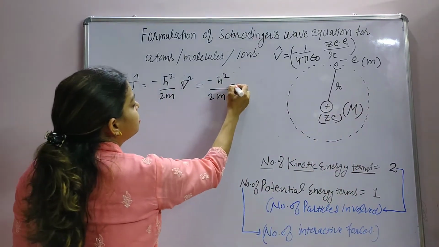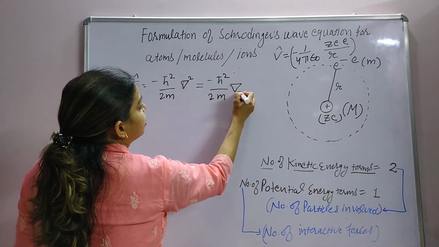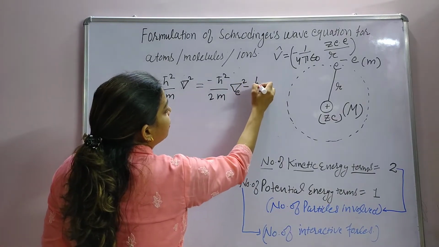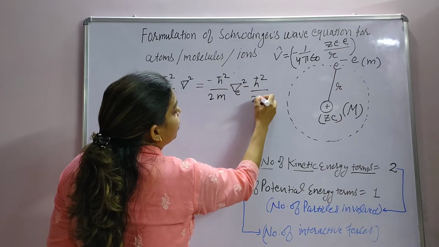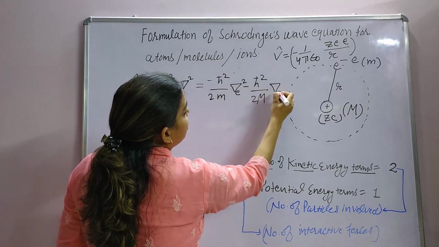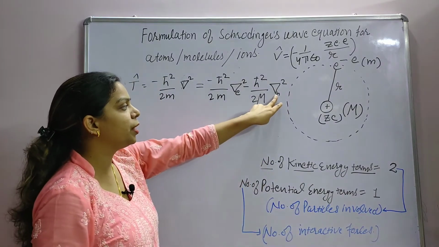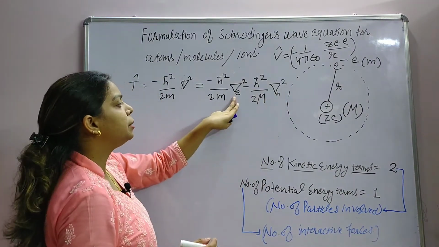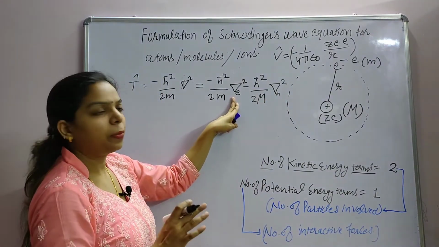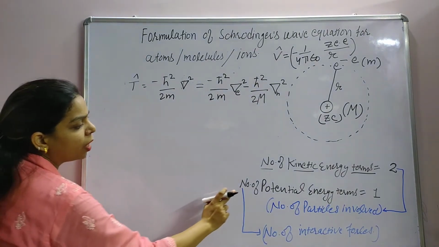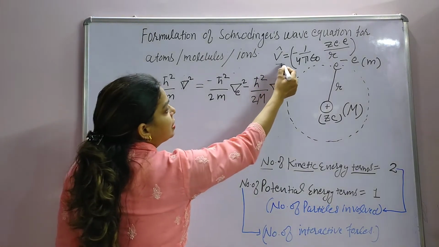So this becomes kinetic energy term for electron, and second, minus h bar square over 2 capital M del n square. Del n means the del operator for nucleus, del e means the del operator for electron. So we have two kinetic energy terms and one potential energy term, which is this.